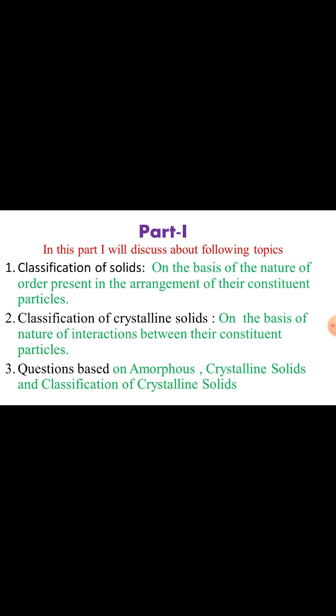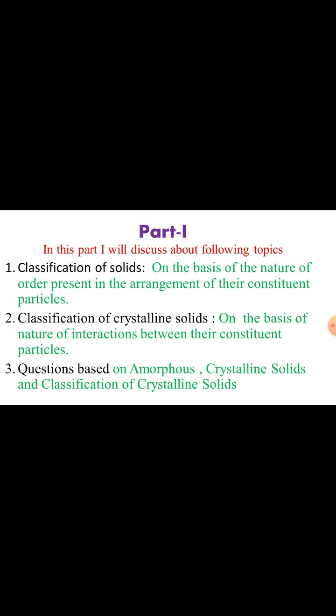I will start part 1. In this part 1, I will discuss the following topics. First, classification of solids on the basis of nature of order present in the arrangement of their constituent particles. Basically there are two types, amorphous and crystalline.